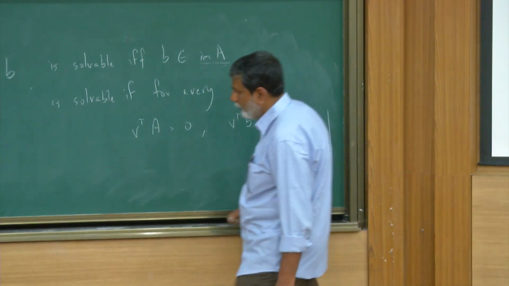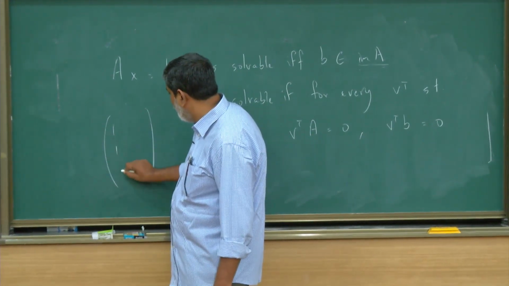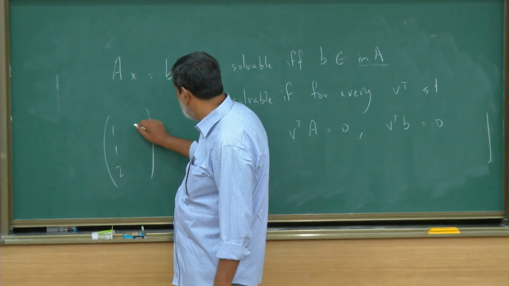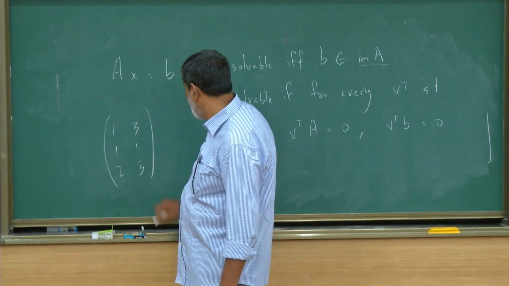So for example, suppose we had a matrix like that, say 1, 1, 2, 3, 1, 3.